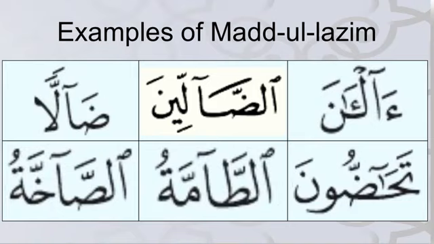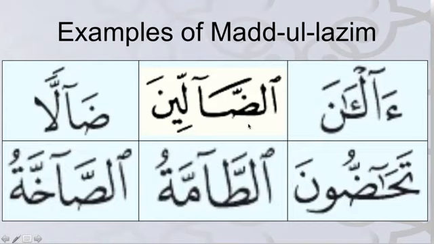Notice I held that syllable to 6 counts. Al. Hamza, fatha, alif, saghira, a. Al-a. Noun fathatan. Al-ana. Okay, this is an example of a maddul lazim. We will discuss this in a lot more detail in a future video.